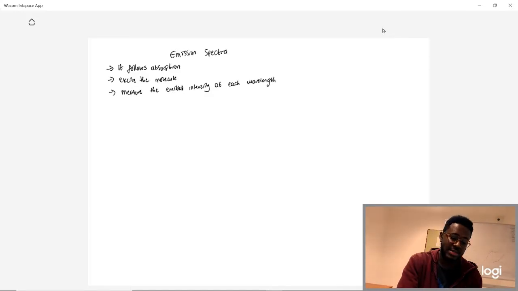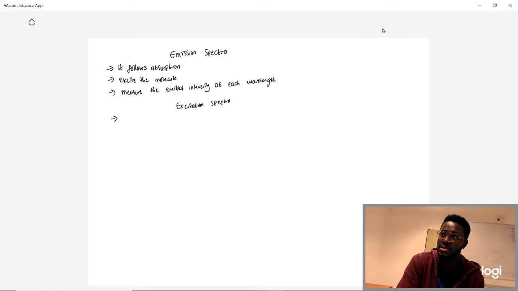Okay, so that's it. What about excitation spectra? That's like absorption. So how do you do it? You just measure the absorbed intensity at each wavelength.